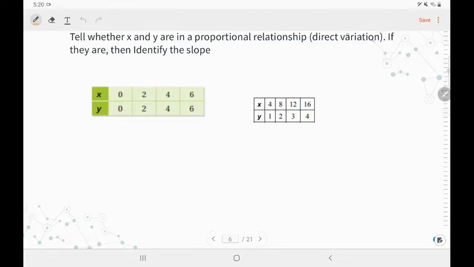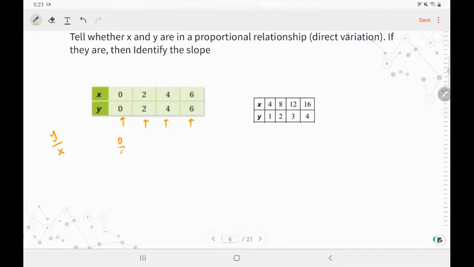So with tables, it works a little differently. We are going to determine if it's proportional if the following happens. If I take the y and I divide by x, and it's the same for each of these columns of my table.